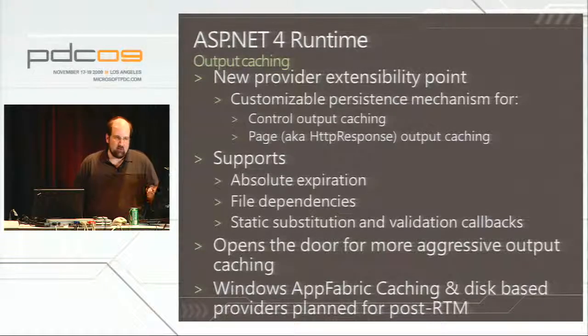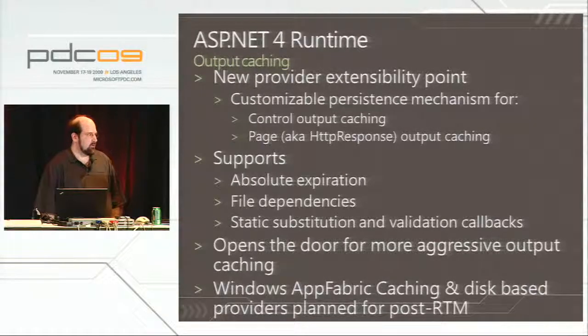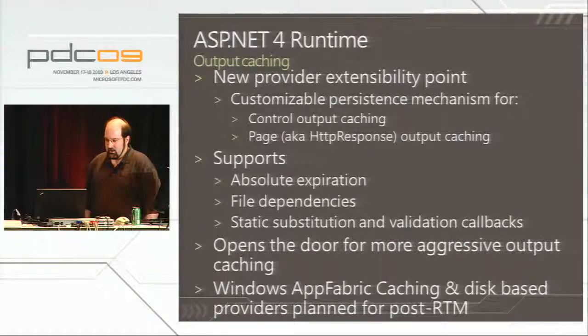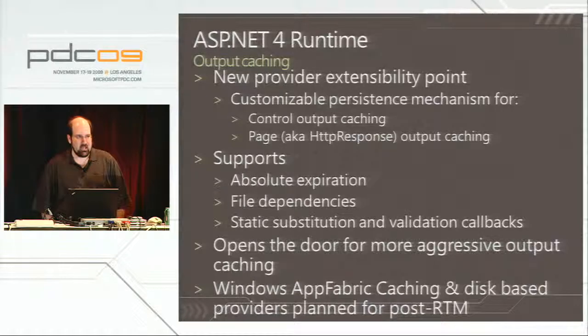Or for that matter, it might be your own custom caching. But certainly for 32-bit processes, there's a very real limit on how much stuff you can shove into memory. And even in 64-bit land, I wouldn't recommend sticking 16 gig on a box and then using up 14 gigabytes trying to output cache stuff.